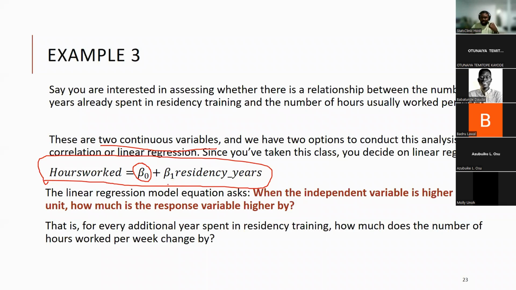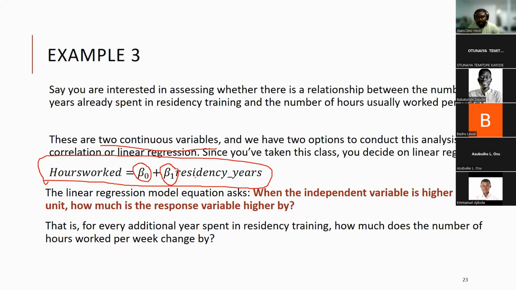Don't go yet. So that is beta 0. All right. So what is beta 1, Babatunde? So beta 1 there is the slope, that is the coefficient, or let me say a factor that is multiplied by the number of resident years.